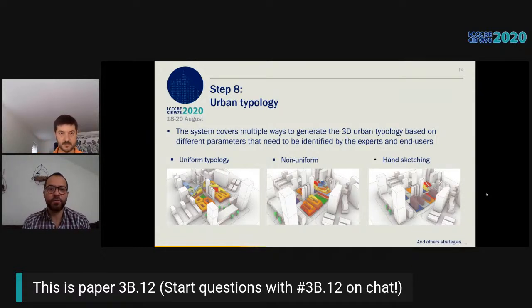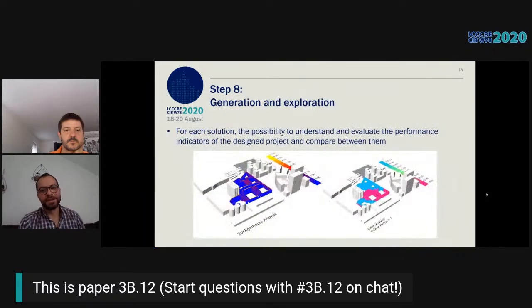In the next stage, we start generating the 3D urban typology based on the different parameters that the end users and experts have identified, and we have different strategies of urban typology. And in the last step, we invite them also to explore the simulation of these solutions by different indicators and features.